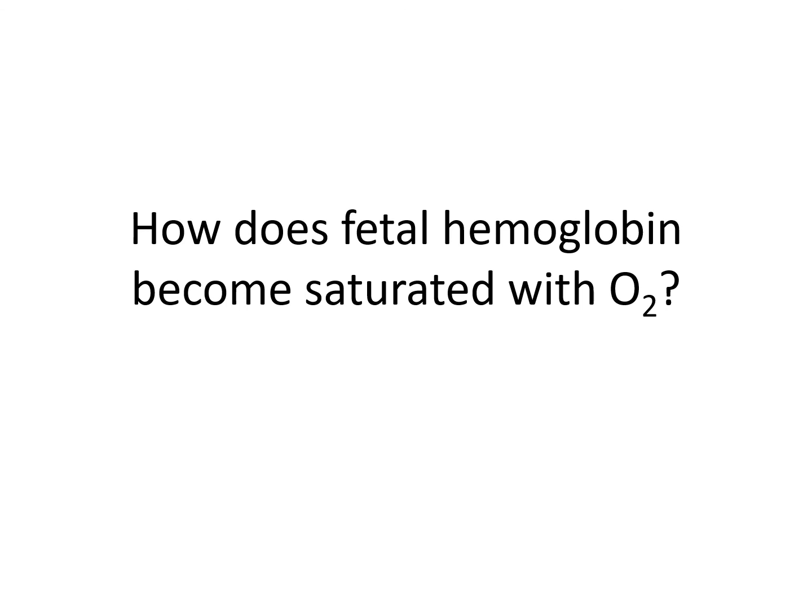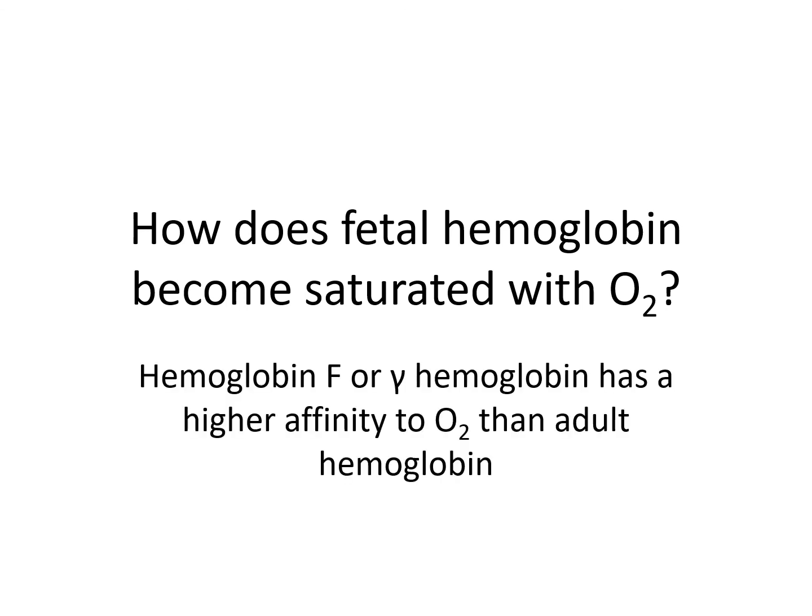Well, because the fetal blood has a unique type of hemoglobin, which will increase the binding of oxygen to hemoglobin. This fetal hemoglobin is called hemoglobin F, or gamma hemoglobin, and it has a higher affinity for oxygen than adult hemoglobin. So it can rip off the oxygen from the mother's blood cells so that it can bind stronger on the fetal hemoglobin.